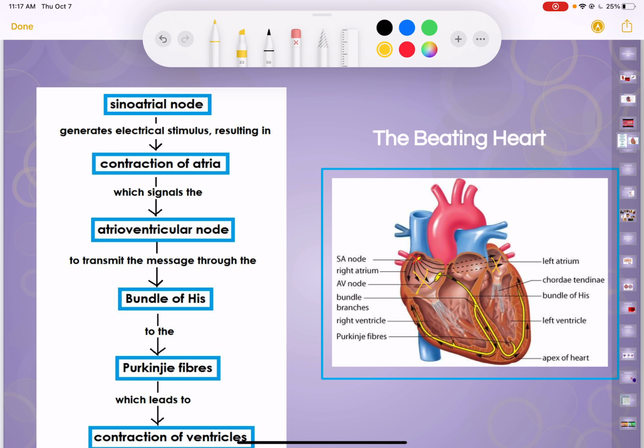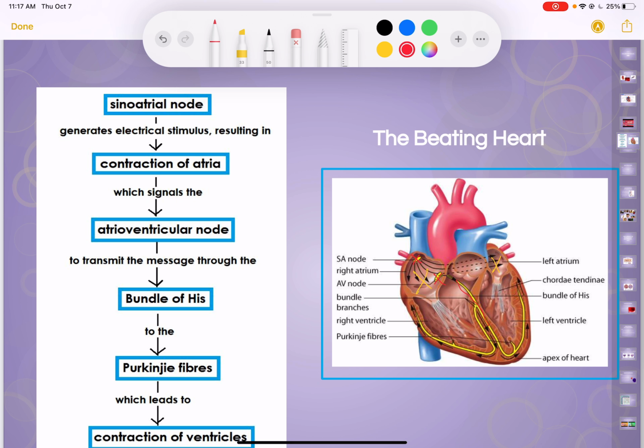And once they contract, this signals the atrioventricular node. So that is this one right inside of the atrium. And it transmits the message through something called the bundle of His. So that is this long nerve that's connected there.